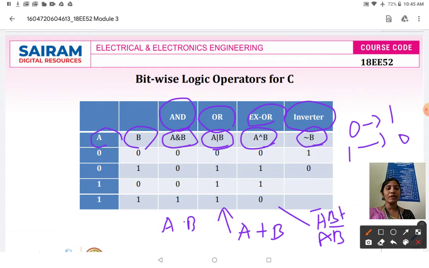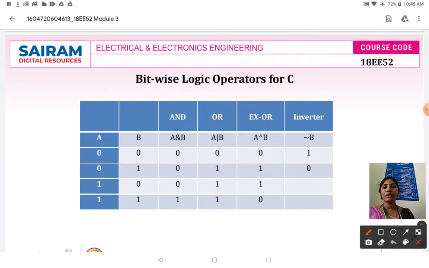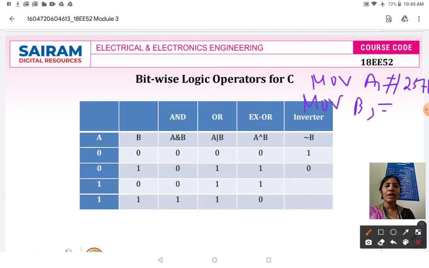For example, consider two numbers. I'll write one small program. MOV A, #25H. MOV B, #10H.